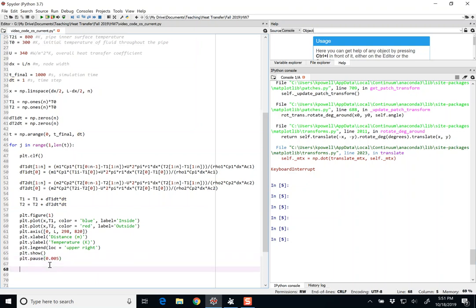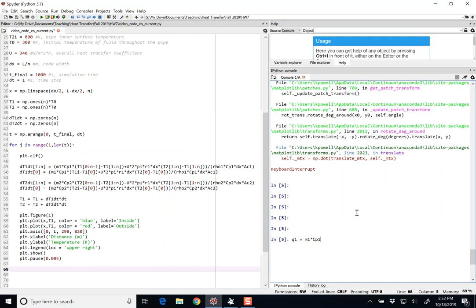So another thing that we could do would be to evaluate what our Q is. So we could say, if we looked at Q1, that's going to be equal to M1 times CP1. This is after we've reached steady state. All that information is still embedded in the workspace of Python.